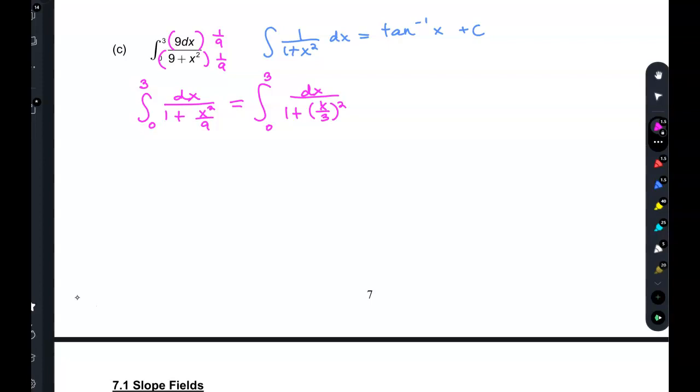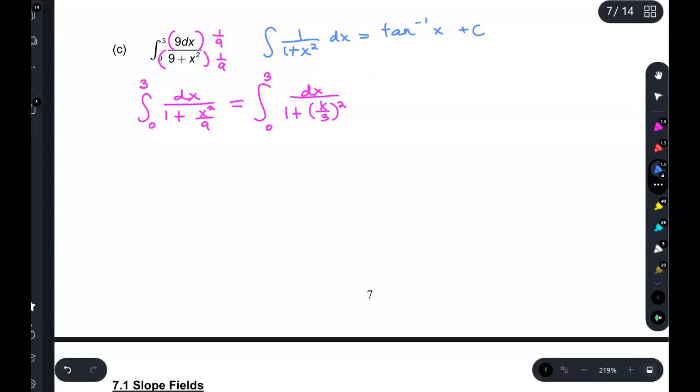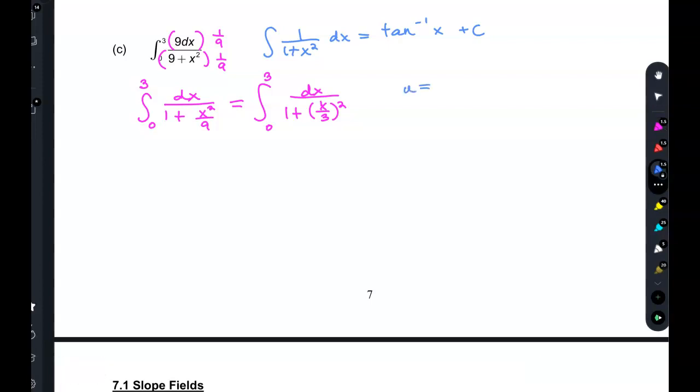Now I have it in the form of 1 plus something squared in the denominator. I am going to make my u equal to x over 3, which means du is equal to 1/3 dx.